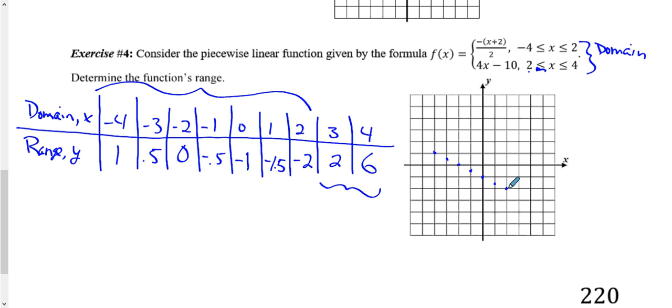So the plot goes about like that. Look up at mine. You guys plot your own points. It's on your page, right? You copied the table down, right?